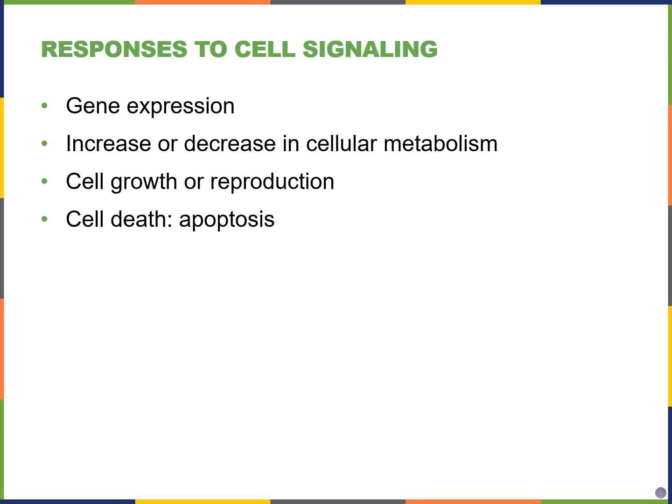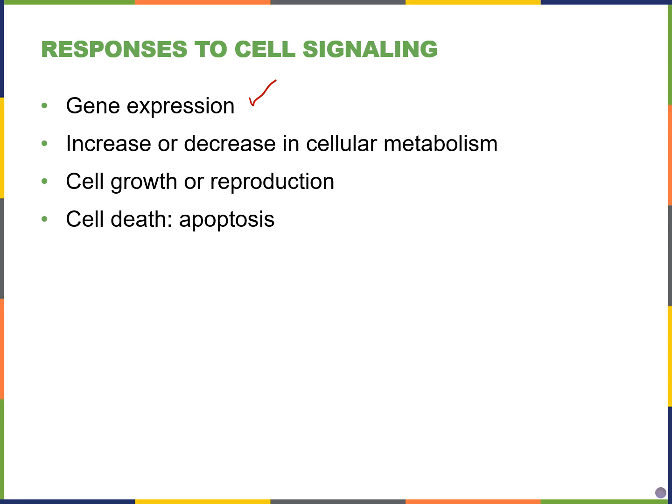All right, so what can happen when a cell receives a signal? What's next? These are some of the things that can happen, but it's not a comprehensive list. We'll talk more about this in future chapters. But some of these responses include gene expression. So having a cell receive a signal can indicate that it should activate some of the genes to make different proteins required in the cell.